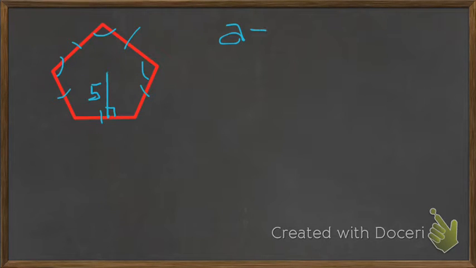The apothem is 5 units. That's all we're given on this polygon, and we want to find its area, but all we're given is the apothem. So what we're going to want to do next is add a piece into our diagram. I'm going to let you think for a minute about what that is that we might want to add.